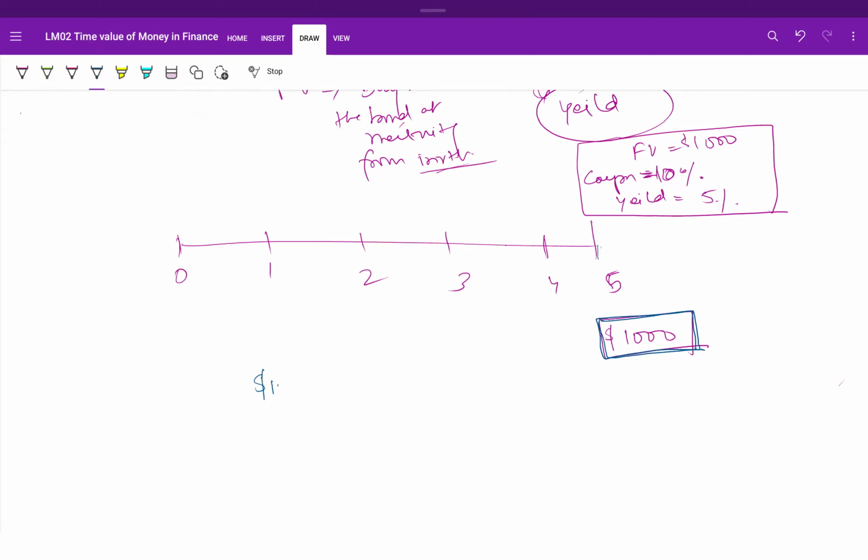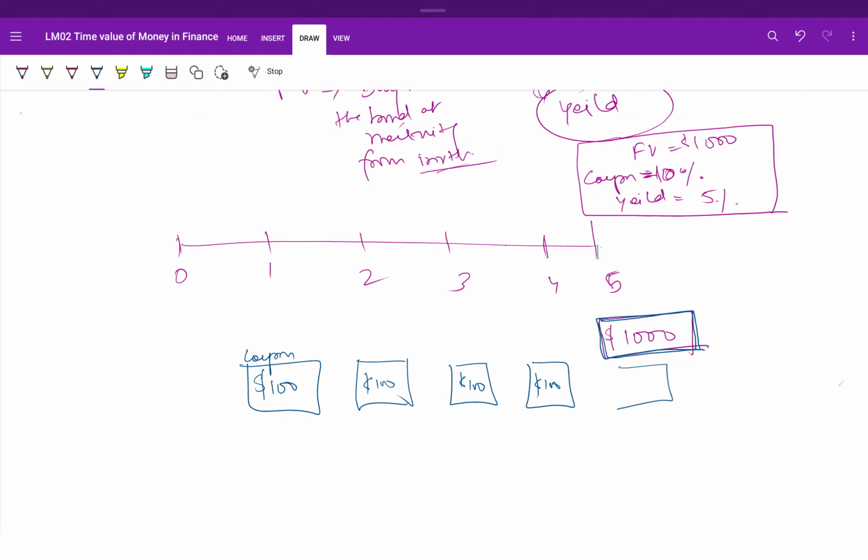This is your coupon payment. $100 coupon here, $100 coupon here, $100 coupon here, $100 coupon here. And at the end, you're going to receive $1,100 along with the coupon payment. So this much you are going to receive throughout the tenure of the bond.